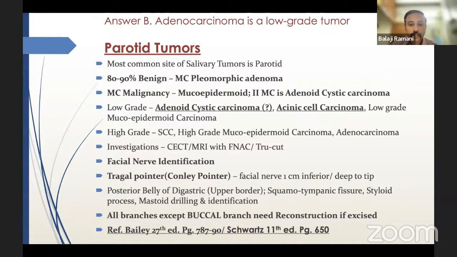Now, whenever you have a superficial lobe tumor, what is going to be the management? Malignancy of the superficial lobe alone. What is the management? Is it superficial parotidectomy, total conservative parotidectomy, radical parotidectomy, what is going to be the option?